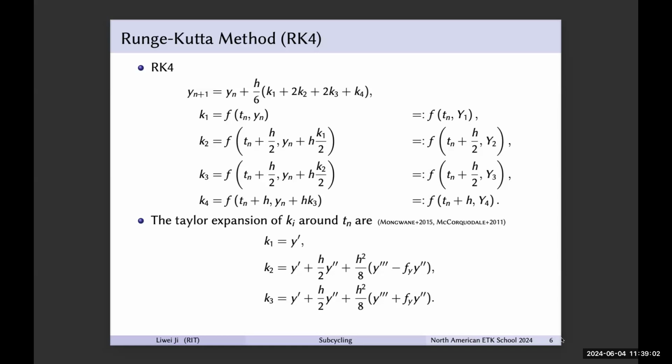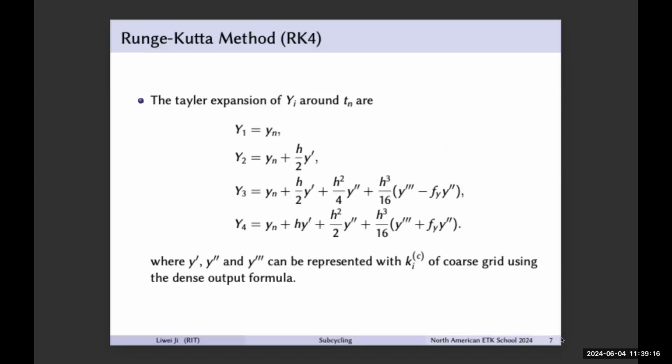And as you can see, the stages, y1 equals yn, y2 and so on, basically have a very simple relation. Instead of doing a Taylor expansion of k, we also have a Taylor expansion of y.